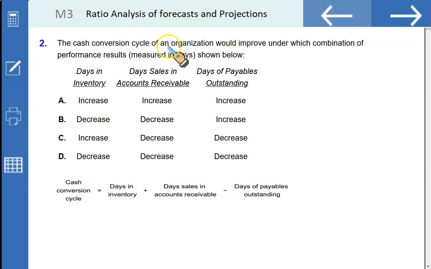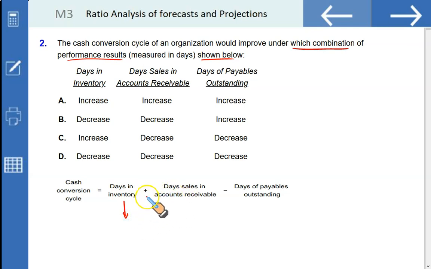The cash conversion cycle of an organization would improve under which combination of performance results shown below? Cash conversion cycle is equal to days in inventory plus days sales in accounts receivable minus days of payable outstanding. To have as short a cash conversion cycle as possible, days in inventory must be as low as possible.